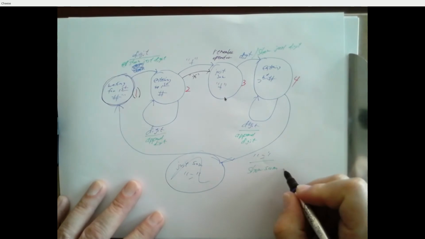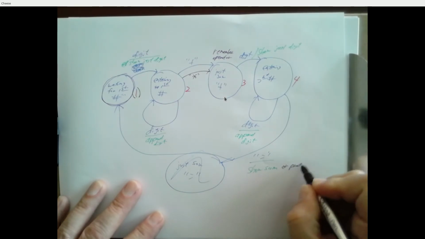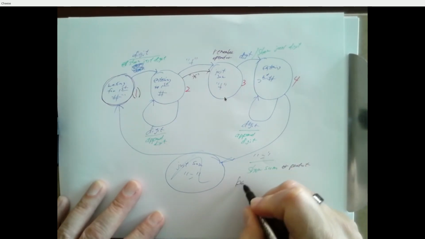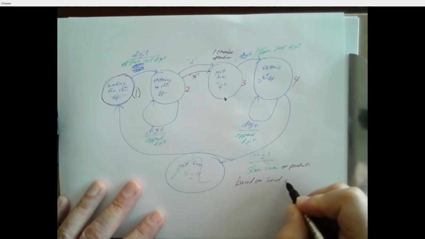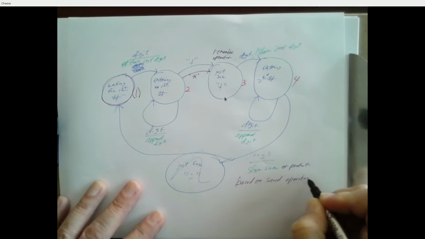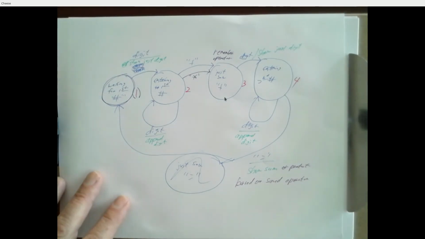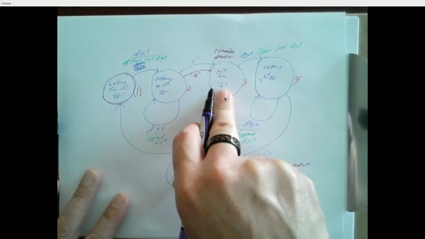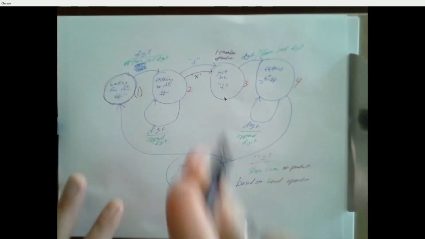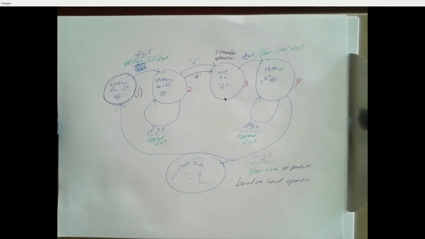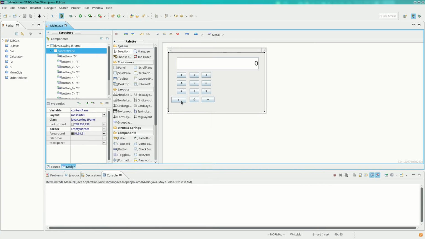And then down here we show the sum or product based on the saved operator. And that's your ODP, right? Up here we're doing something that's going to eventually affect what result we get down here. We're just saving that information, and we can save it in a state variable without necessarily having a whole other collection of states.